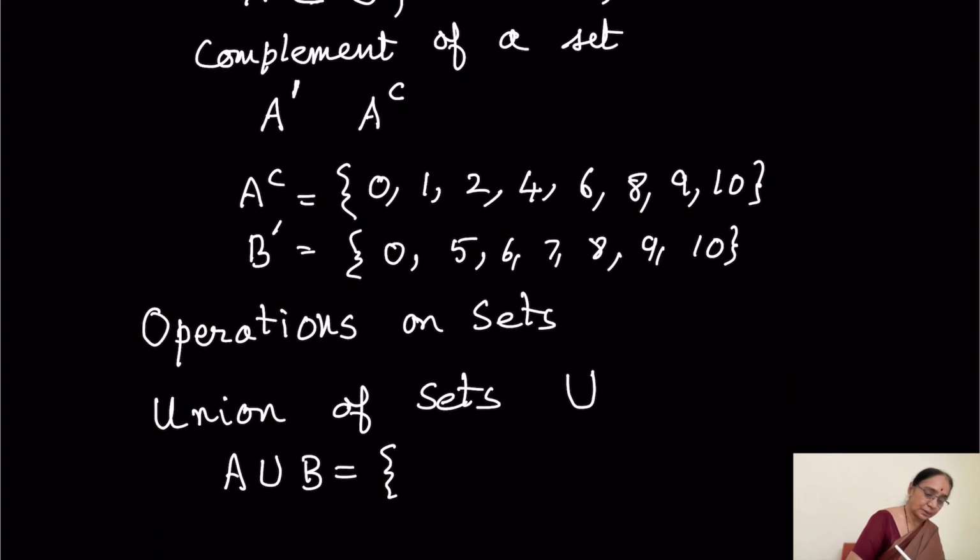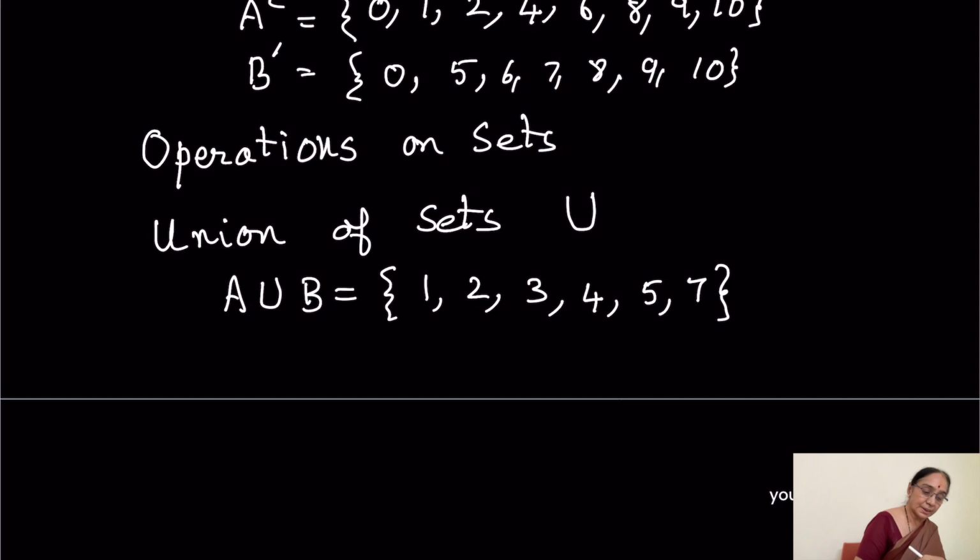So 1, 2, 3, 4, then 3 I don't write because it is already written, then 5, 7. So this is A union B. The elements in A and also the elements in B.